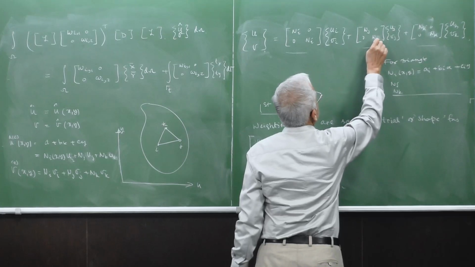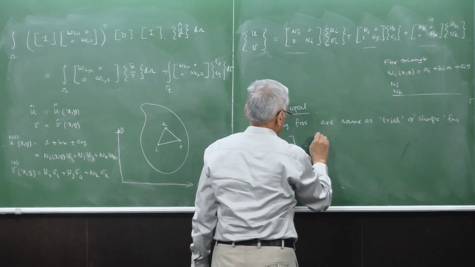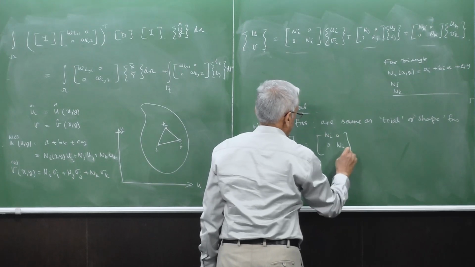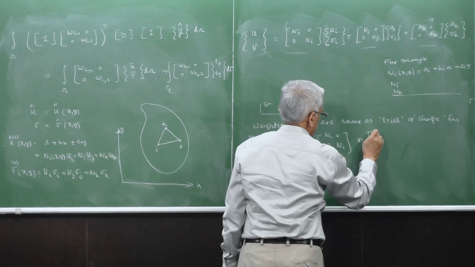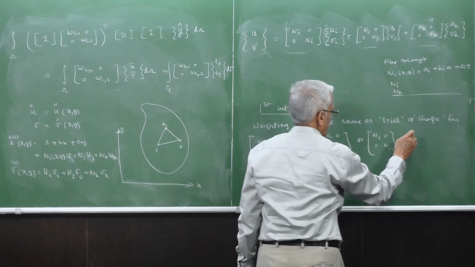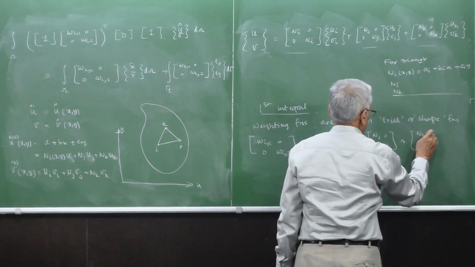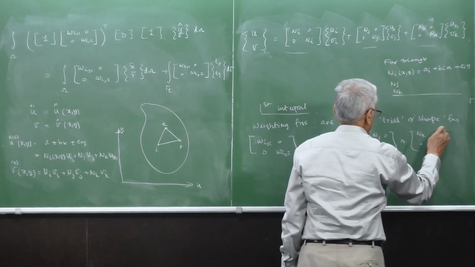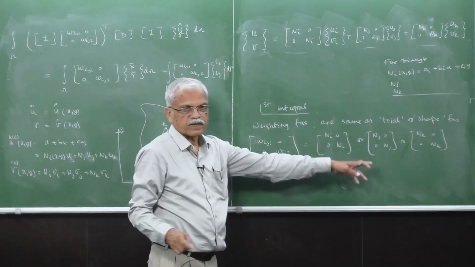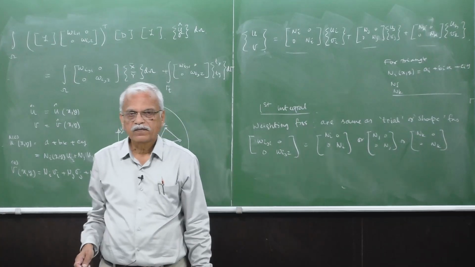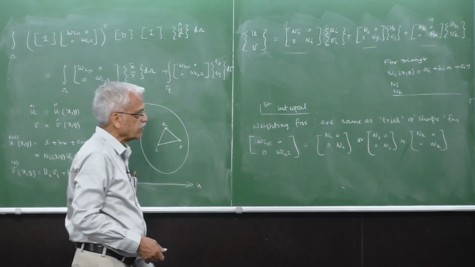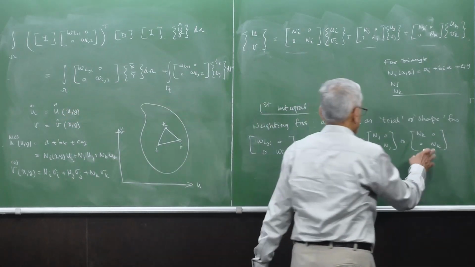So we will use these shape functions to derive two equations at node i, two equations at node j, and two equations at node k.